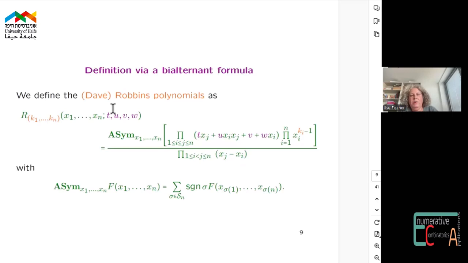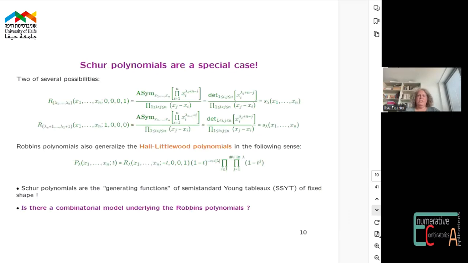You see 4 parameters, t, u, v, and w, which will be important. And you see these k_i, which will correspond somehow to what you know as the partitions in the Schur function. Actually, the Schur polynomials are a special case of these Robbins polynomials. There are several possibilities for how you can specialize.